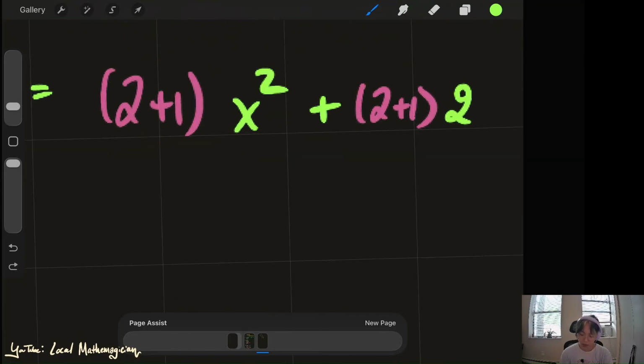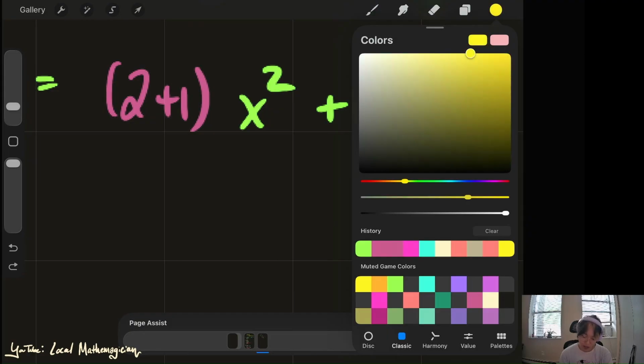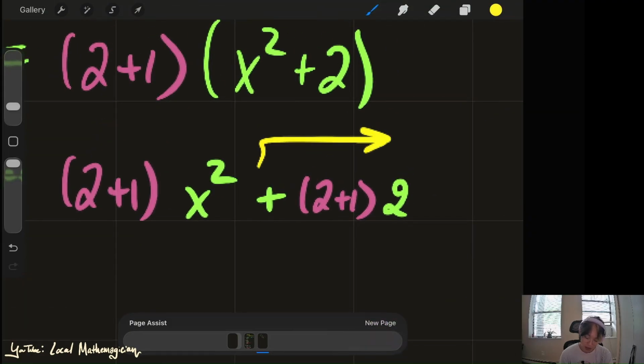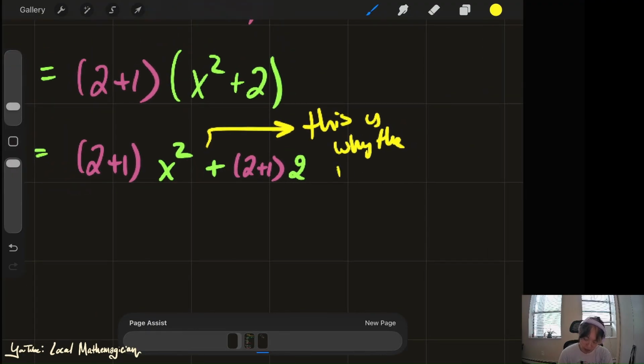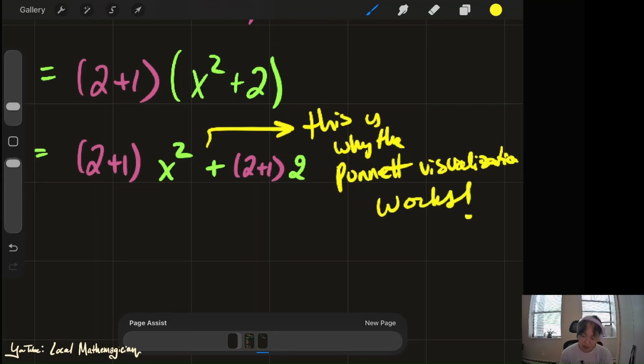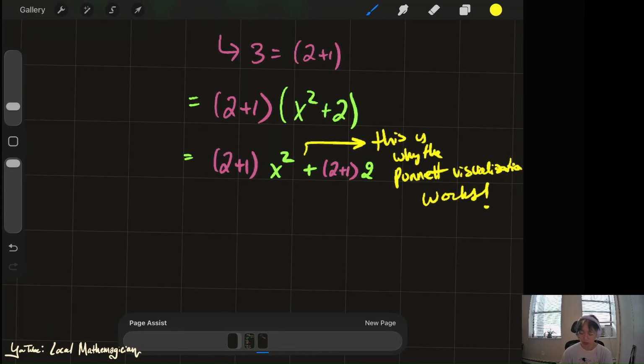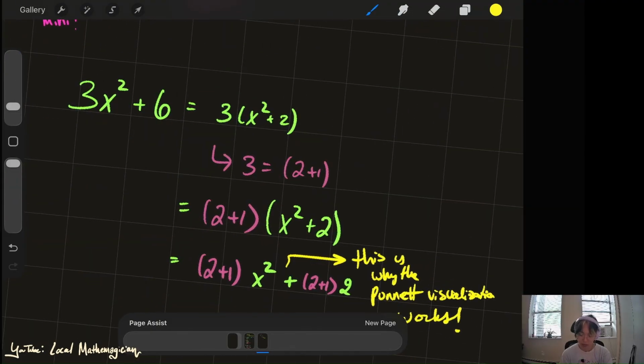As a side note, this is why the Punnett visualization works. Anyway, you'd agree these are the same, right?